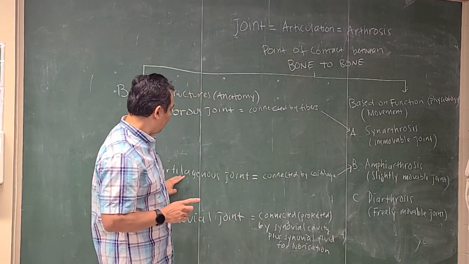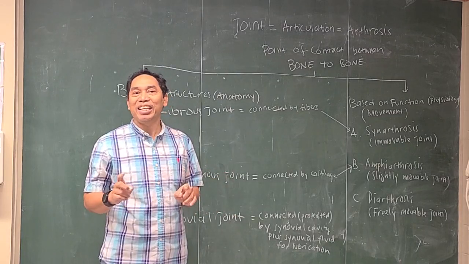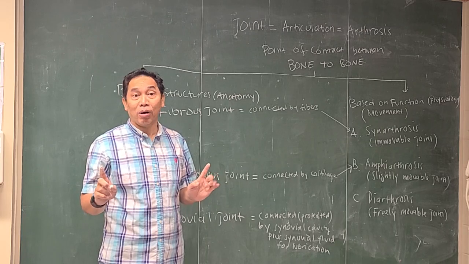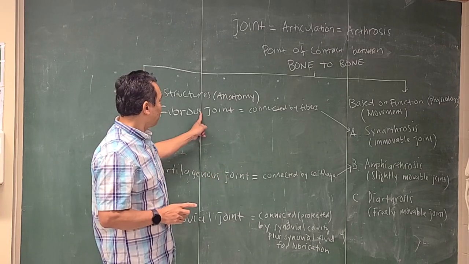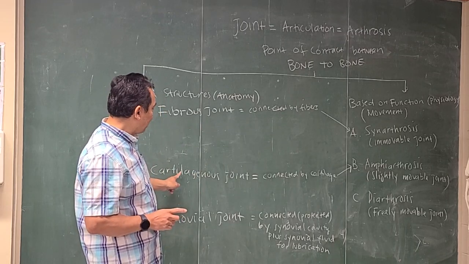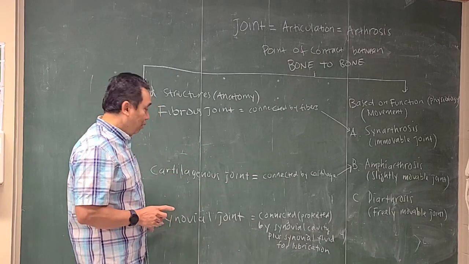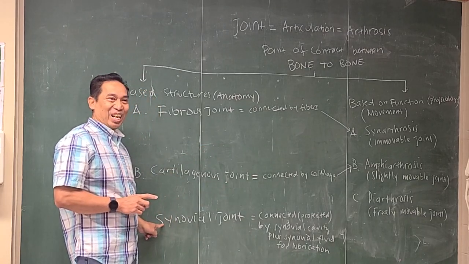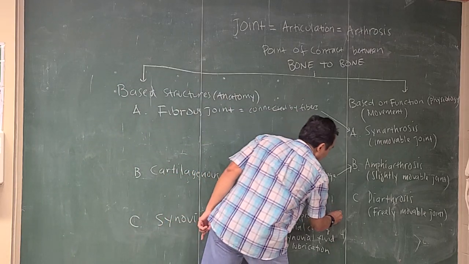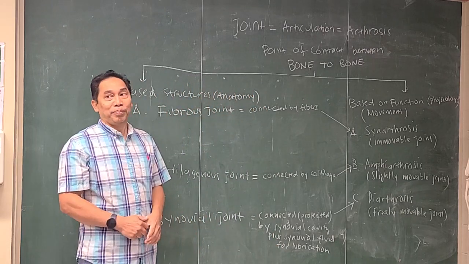Most of the cartilaginous joints will be amphiarthrosis, slightly movable. Remember, I did not say all. Now I can say this one all. All the synovial joints will be freely movable, or diarthrosis. You follow this?